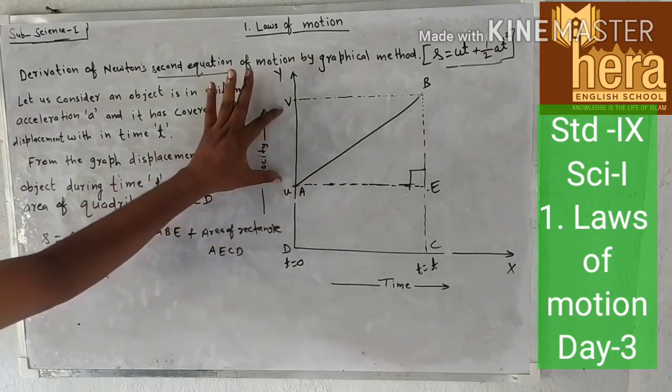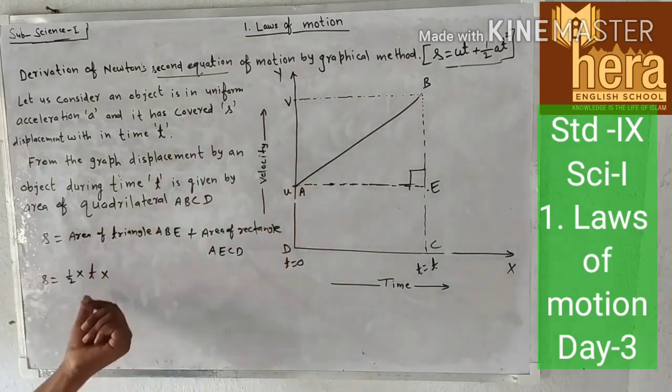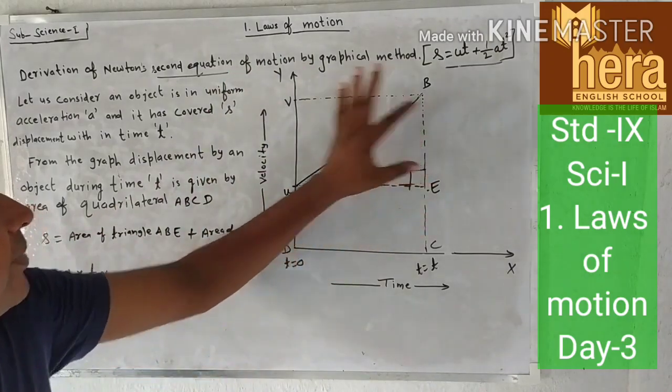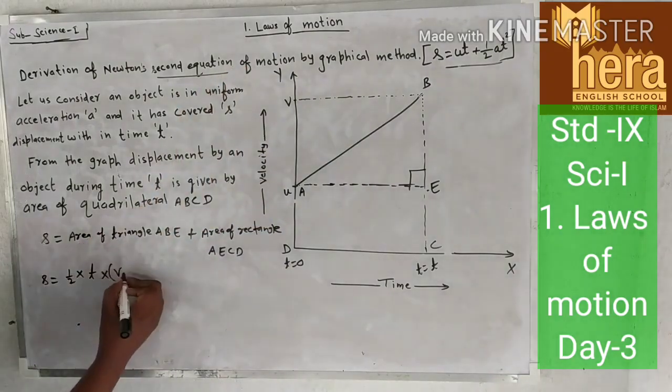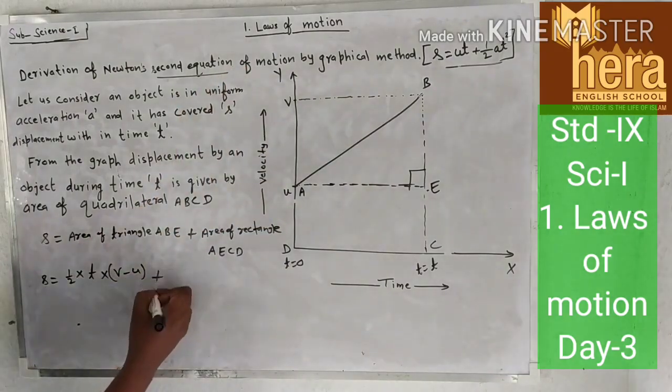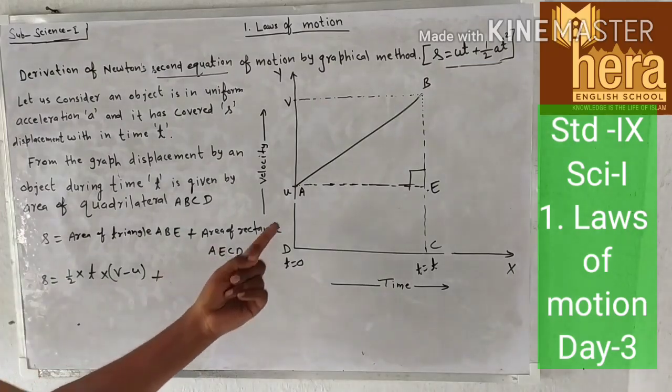So the area is 1 upon 2 into t into (v minus u), plus the area of rectangle AECD.